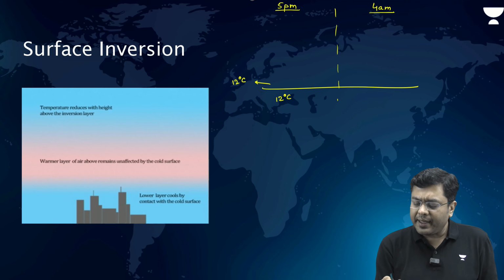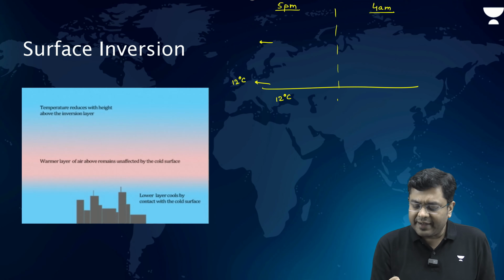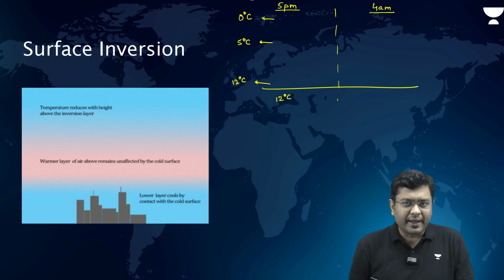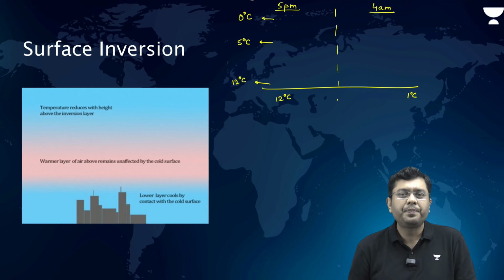Now, at some random height above, let's suppose the temperature further reduces to 5 degrees Celsius. Further higher up, let's suppose it reduces to 0 degrees Celsius. When we are talking about winter nights, the loss of heat is quite rapid. So during the night, let's suppose the ground surface temperature has fallen to 1 degree Celsius.